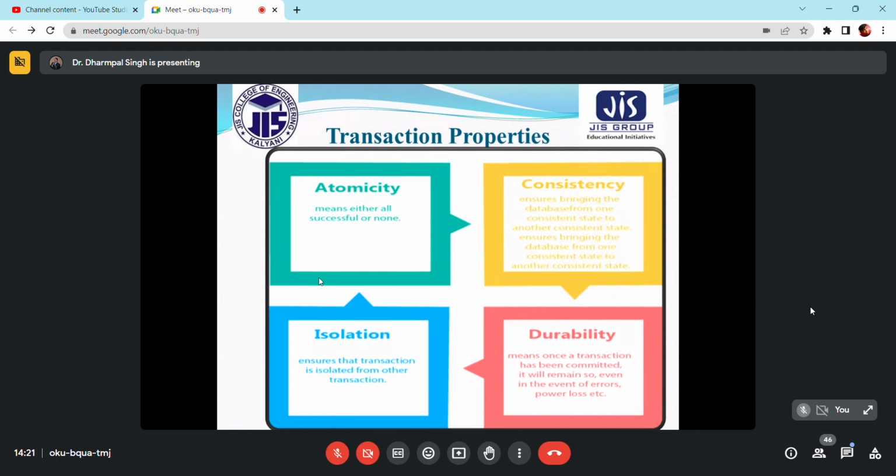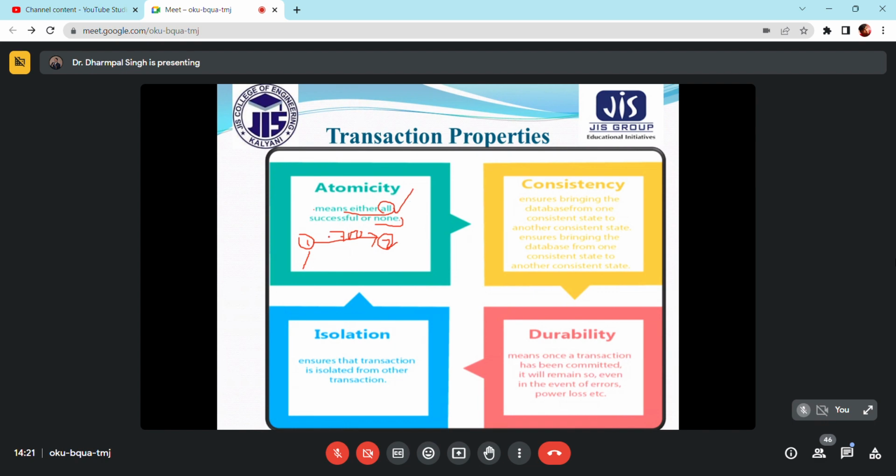As I already said, suppose I am doing a transfer from account one to account two, and I want to transfer 700. Either the transaction happens in full, otherwise it does not. If the money is deducted from this one and credited to this one, it is successful. I can say it is okay.